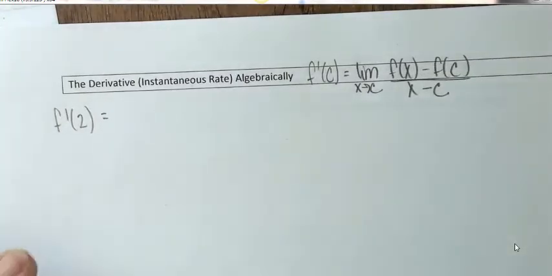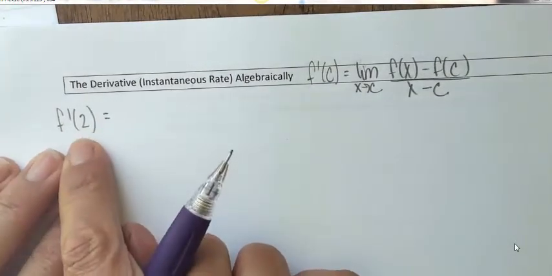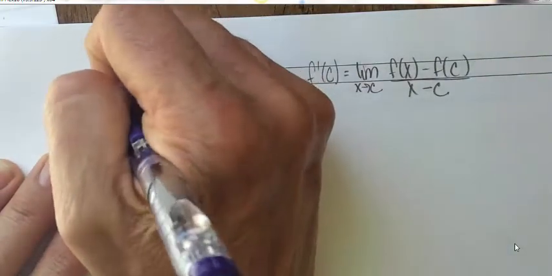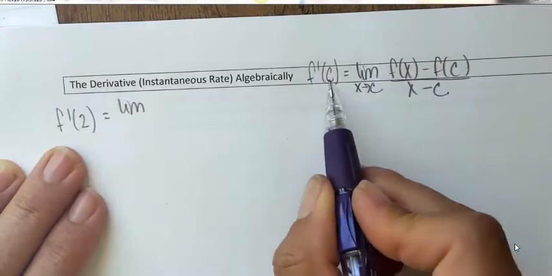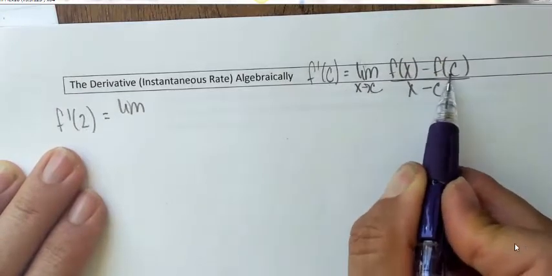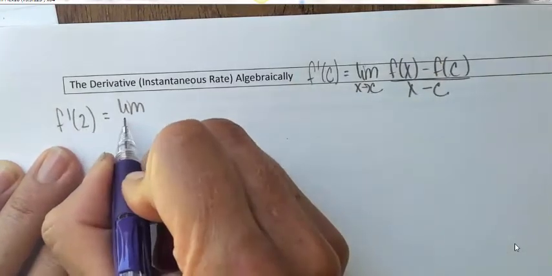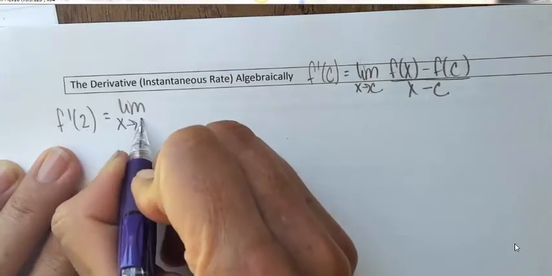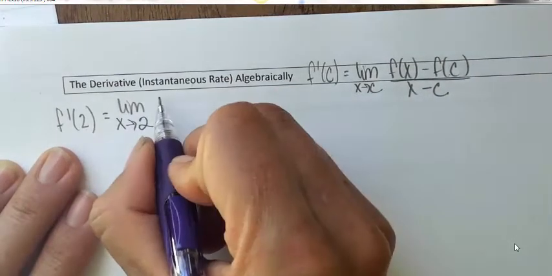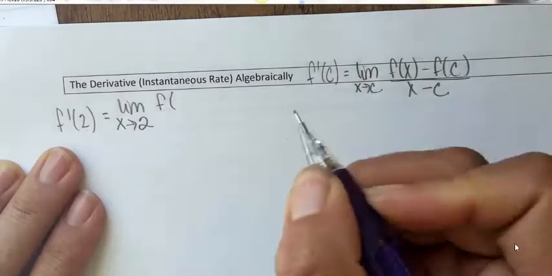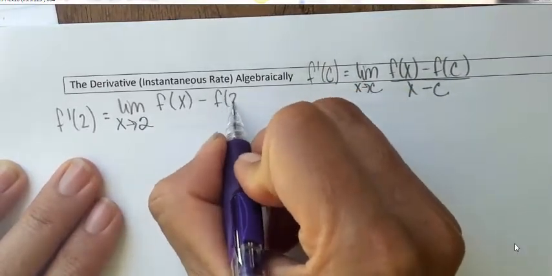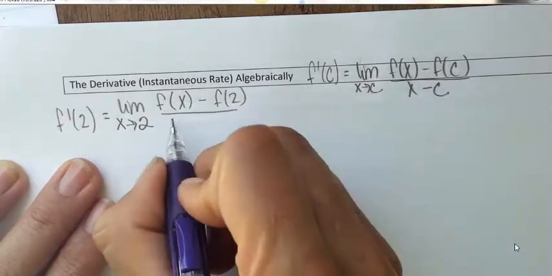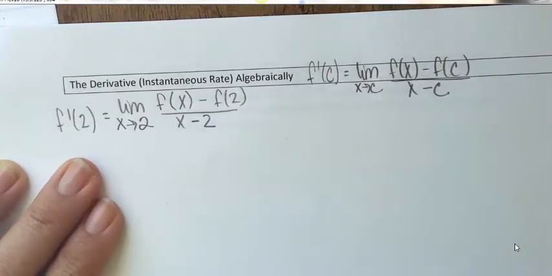Okay, so let's see what this looks like when I do this with 2. So f prime of 2 then will be the limit. Wherever I see a 2, that's going to replace the c's, right? All these c's get replaced with that 2. The limit as x approaches 2 of f of x minus f of 2 all over x minus 2.